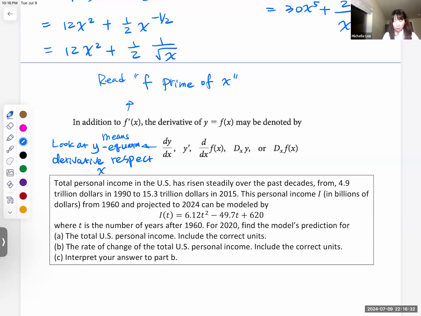We knew y prime, I just introduced it, right? y prime and d over dx and then the function notation mean the derivative of the function with respect to x. This is d over dx of y, and this is d over dx of f of x.